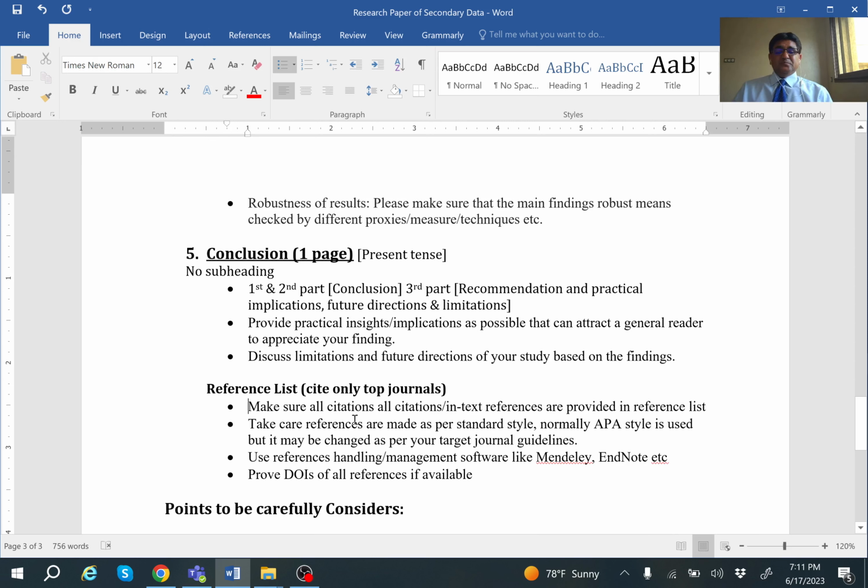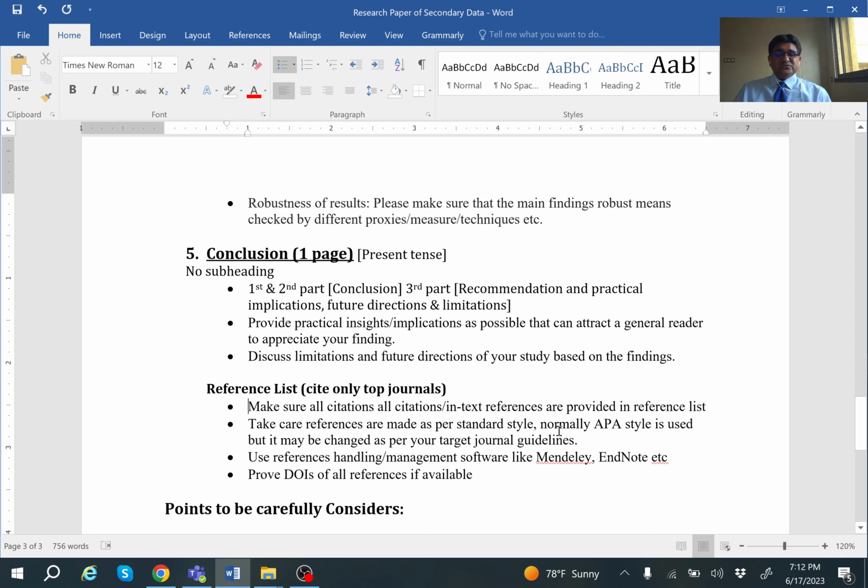Here we need to make sure that all in-text citations which we have used in the first four parts, meaning the references used in the introduction, literature, methodology, and results and discussion parts, are all provided in the reference list. So take care of the references as per the standard.